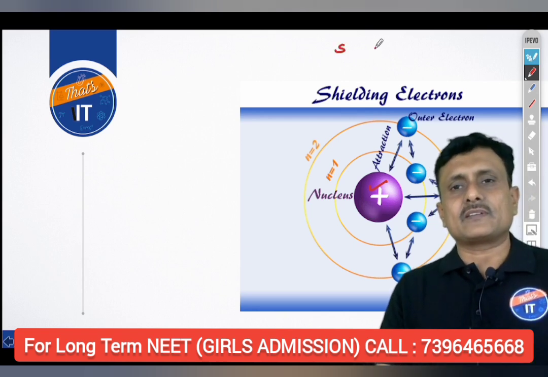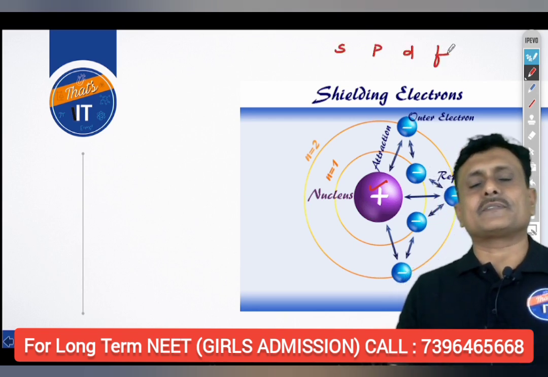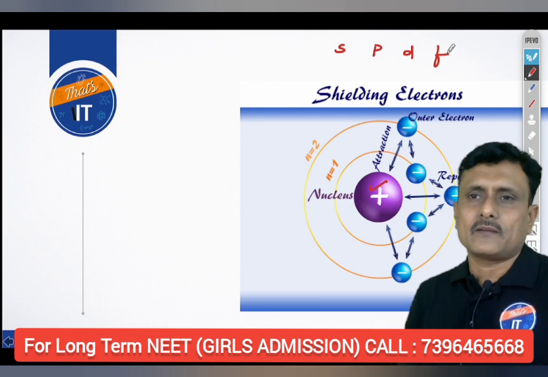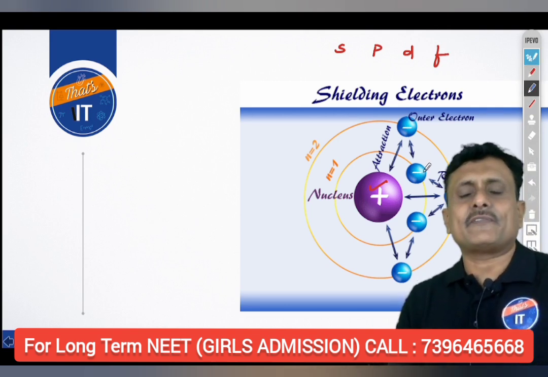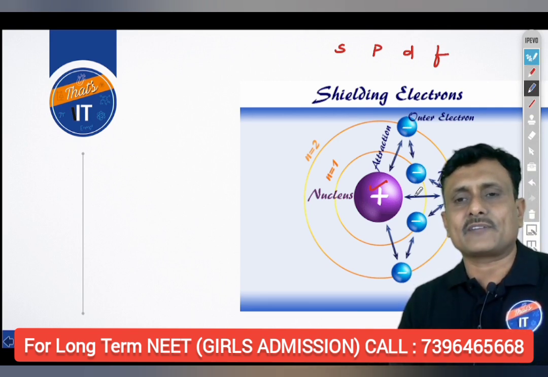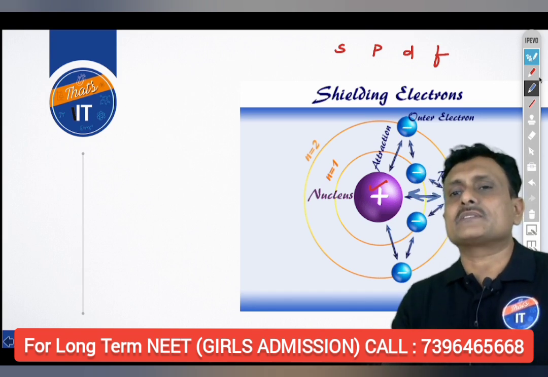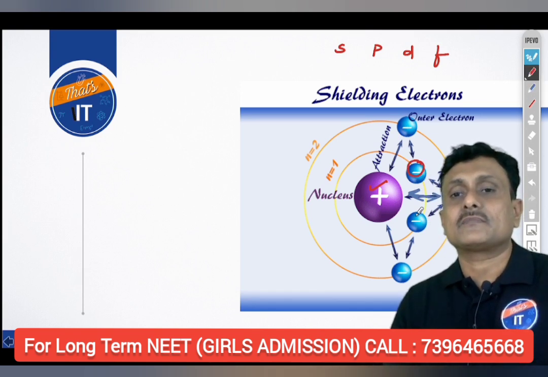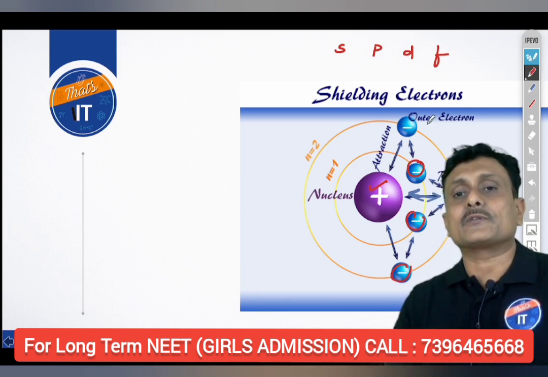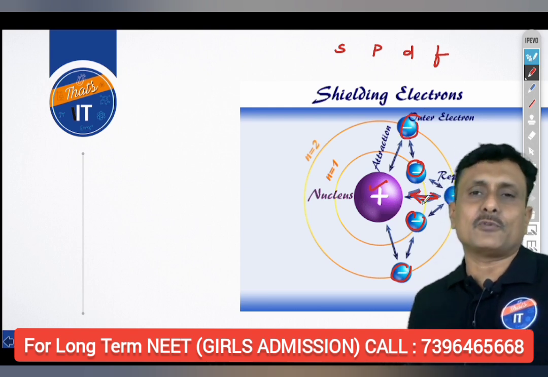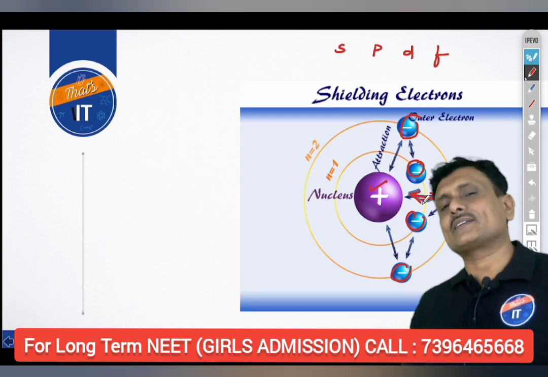It could be present in s, p, d as well as f. All right. Okay. So you can see that if I'm talking about the force of attraction between the nucleus and this electron, this one, this is inherently dependent on how much the other electrons are going to protect this electron from the nuclear force of attraction. This is what I said.